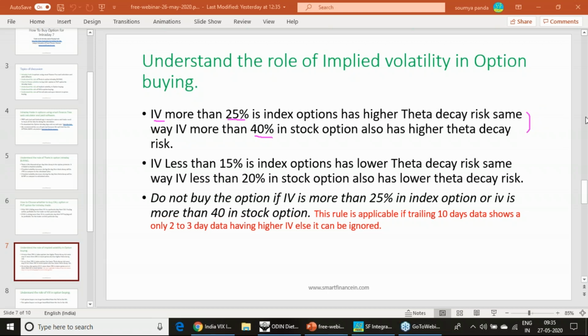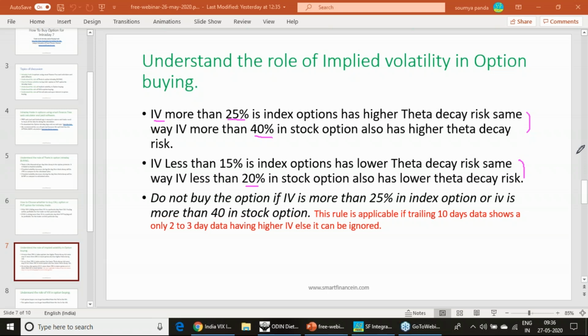Whenever it is less than 15% or less than 20%, then theta decay risk will be less. So whenever you have IV greater than 25% for index options, or greater than 40% for stock options, it is having a higher theta decay risk. Theta value will reduce faster.